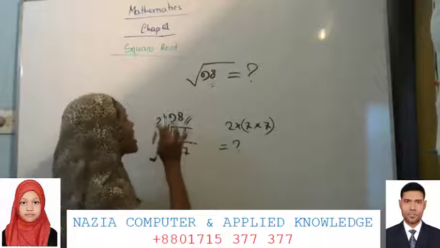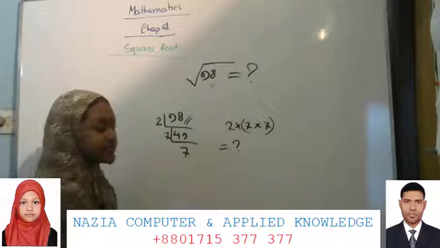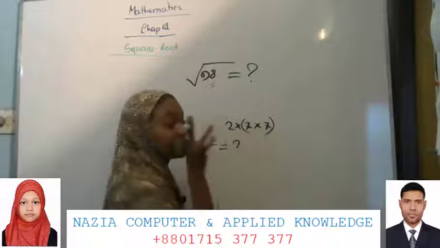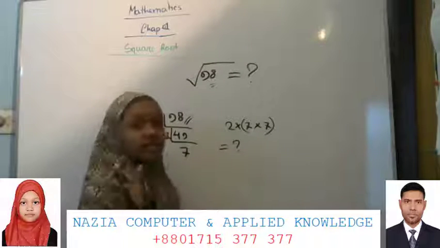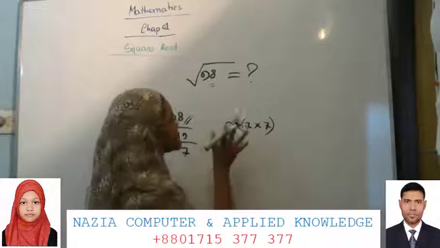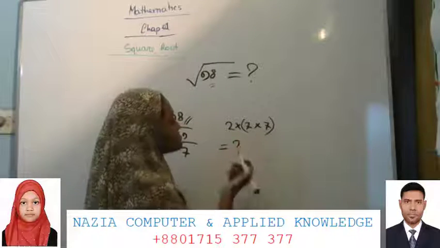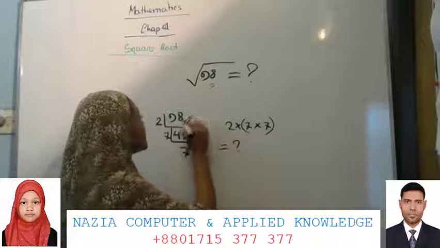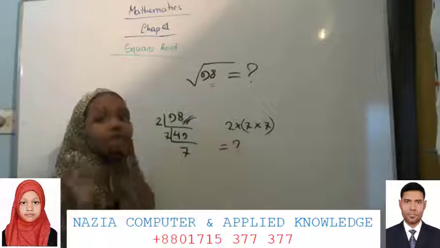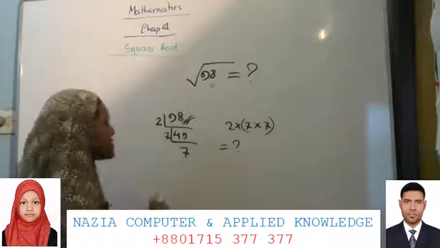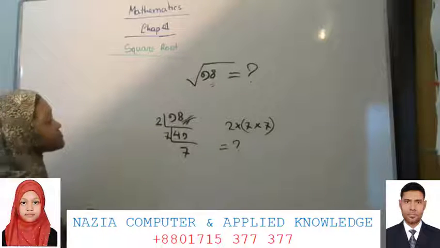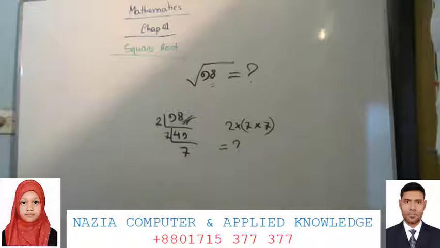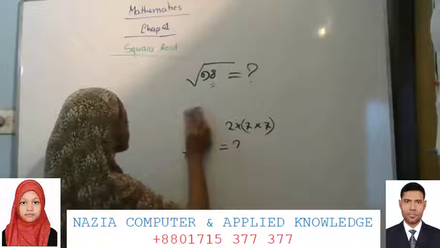In the prime factorization process, if any factor has no pair, then we can say that this number is not a perfect square number.